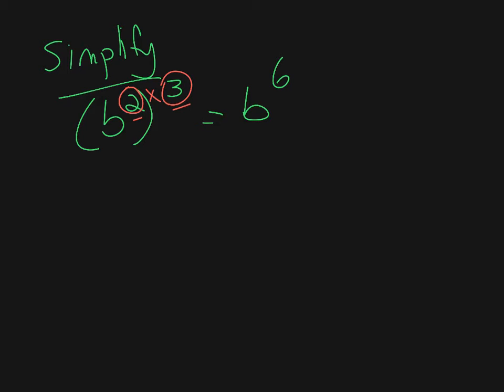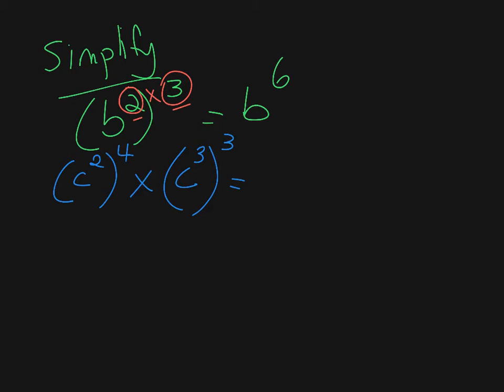Let's have another go. Let's have a look at something slightly more complicated, but it really isn't. Okay, so let's say we had brackets c to the power of 2, close brackets to the power of 4, multiplied by brackets c to the power of 3, close brackets to the power of 3.